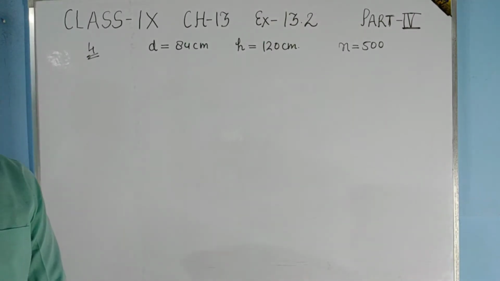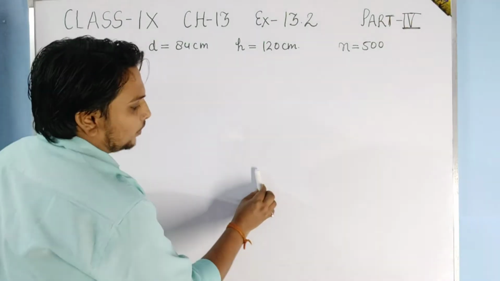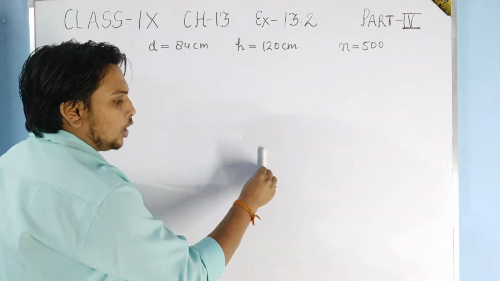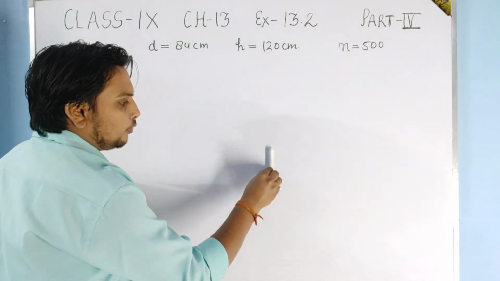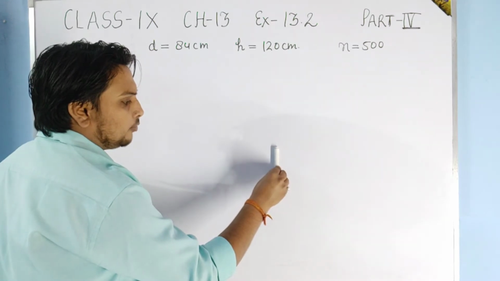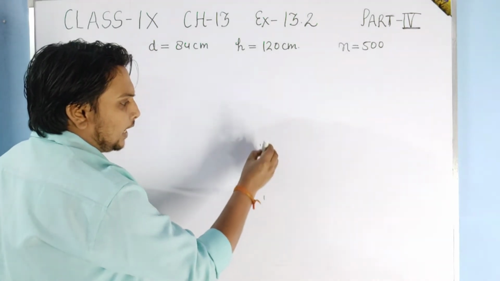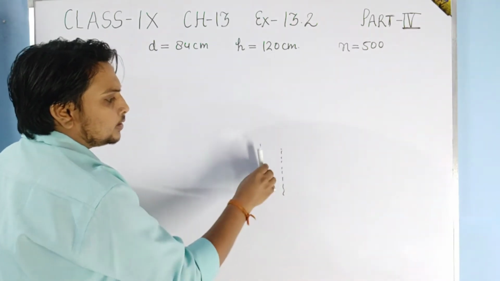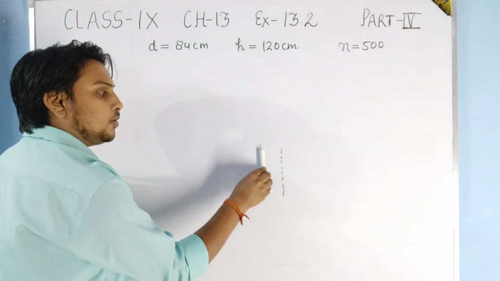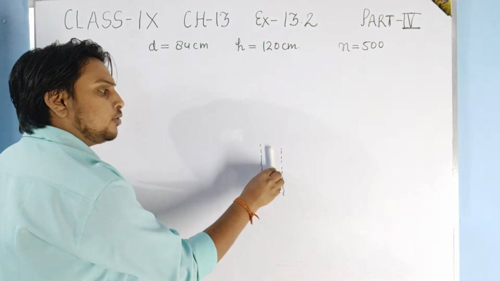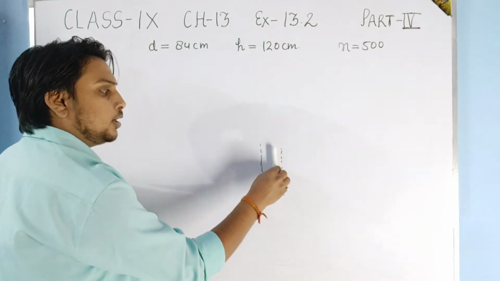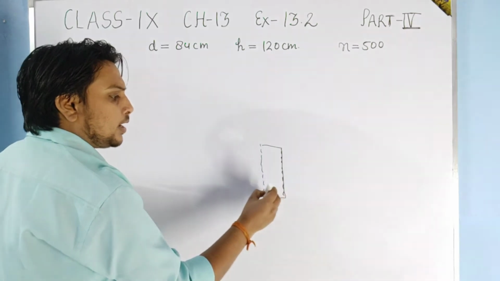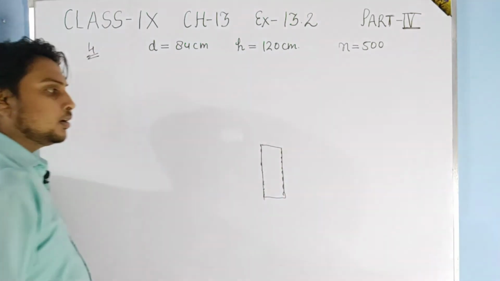Students, see, suppose this is a roller, okay, and if it starts from here, so if it rolls one complete revolution, so it has covered some area. Starting from here, if it rolls one complete revolution, it has leveled some area of this board.